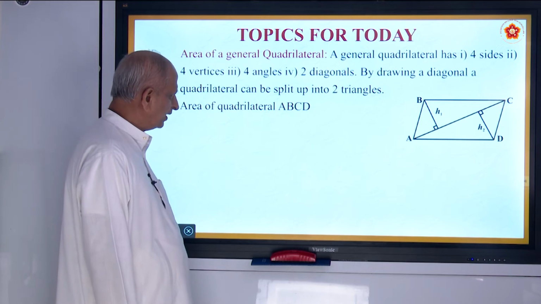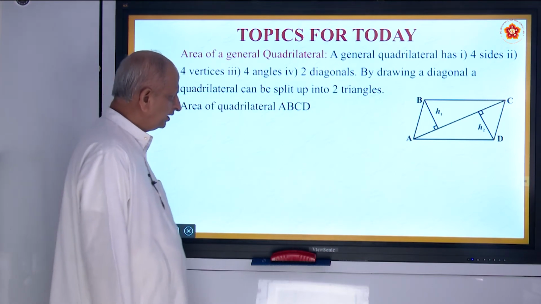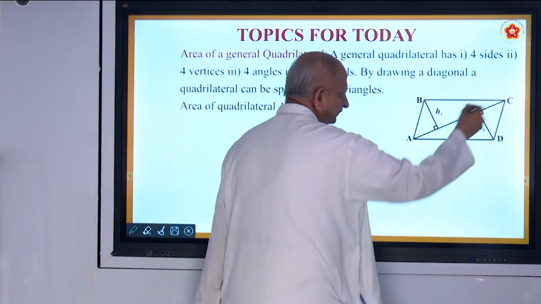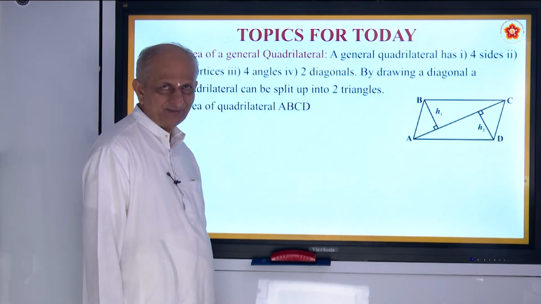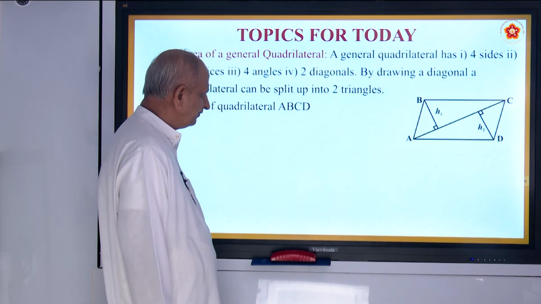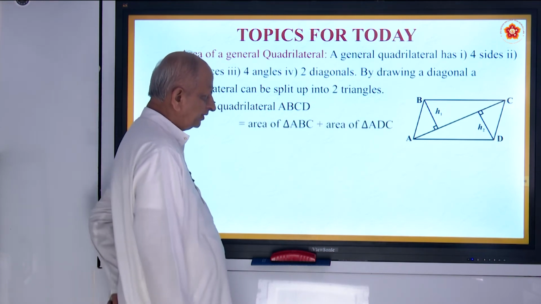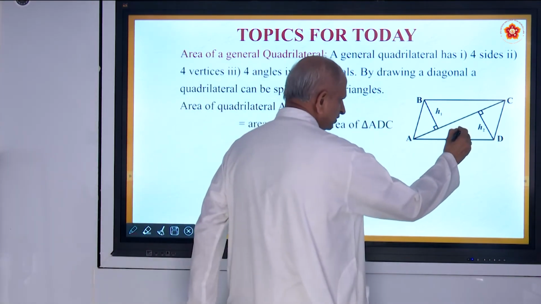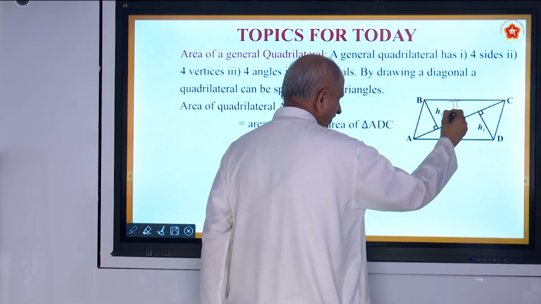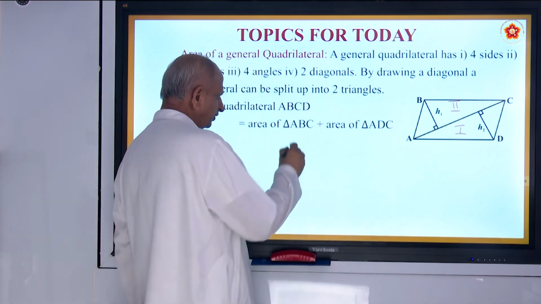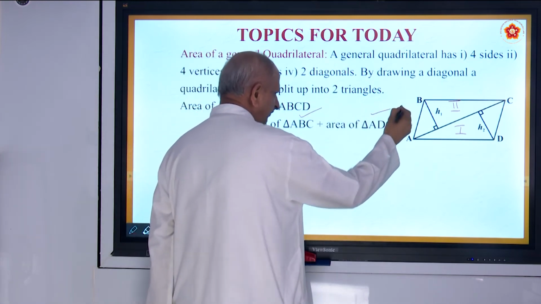Formula for area of quadrilateral ABCD. Now what does the diagonal do? The diagonal bisects the quadrilateral. What happens? If a diagonal is drawn, you get 2 triangles. One is called ADC, another is called ABC, 2 triangles. So area of triangle ABC and area of triangle ADC.